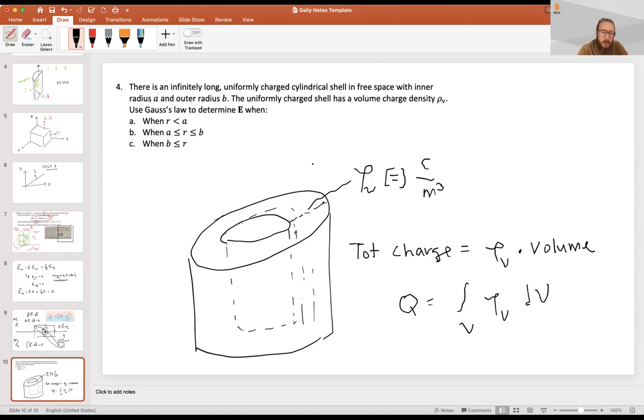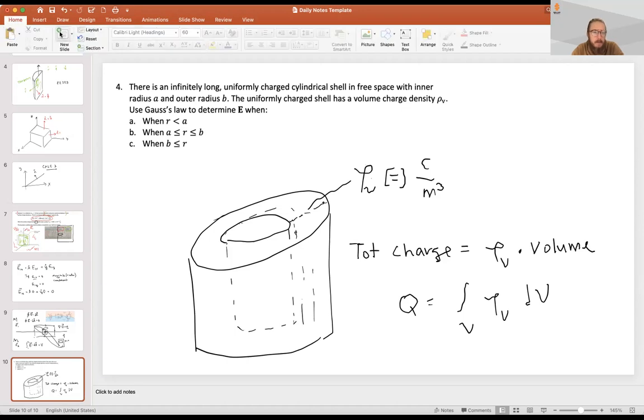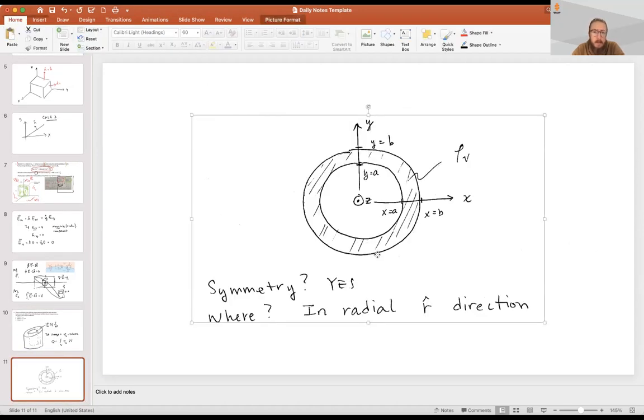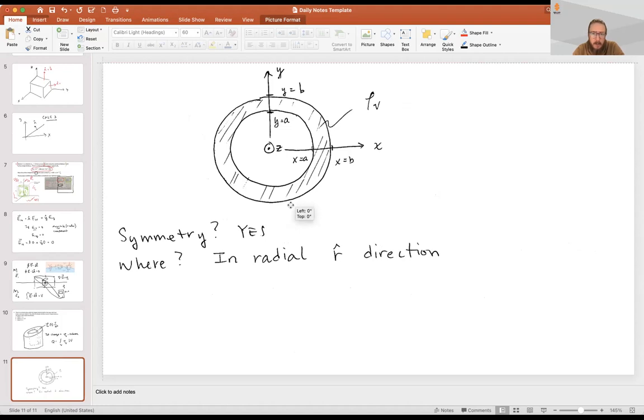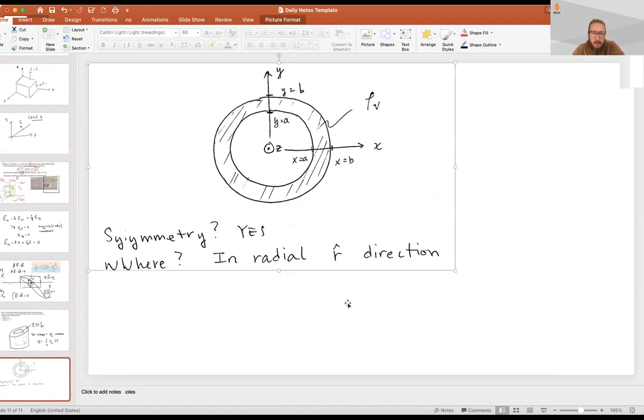So if you have this problem, we could draw it like this, where we have an overhead view, and we see that indeed we have a symmetrical case.